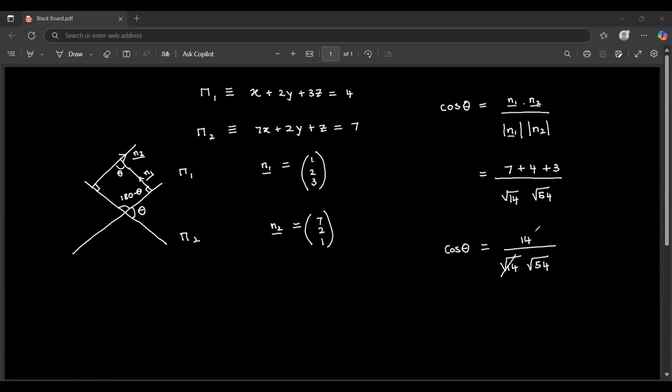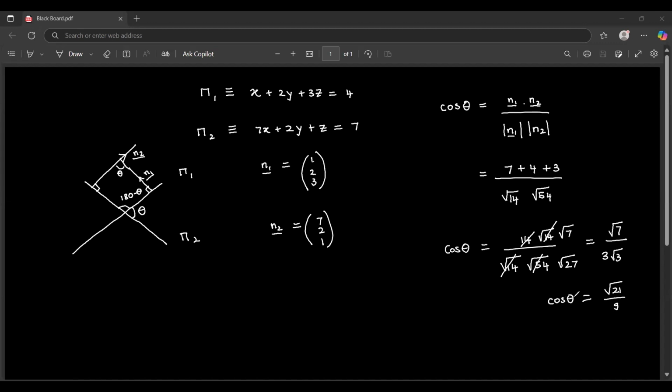I can cancel these and get square root of 14, and I can cancel these and get square root of 7 and square root of 27. That can be written as square root of 7 into 3 square root of 3. So that will be equal to square root of 21 over 9.